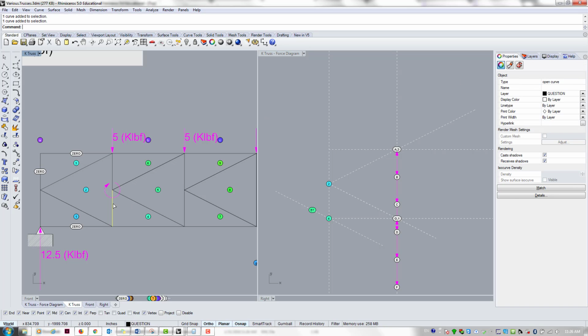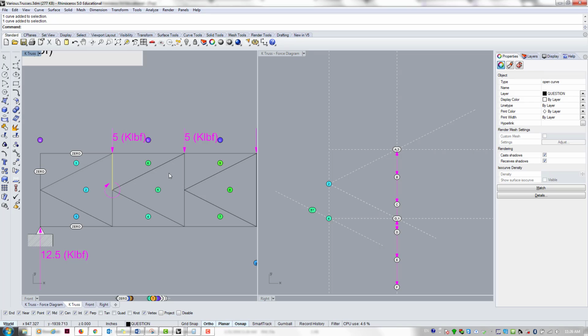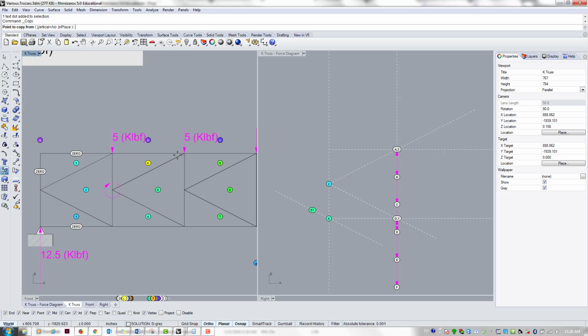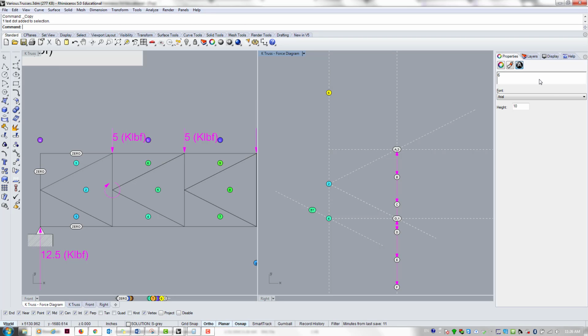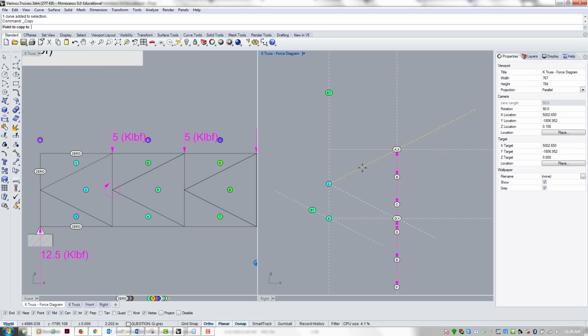That's this one. This one is 4-2. We already have that. That's 2-6. So that means 6 is somewhere along this line. That's 6-5. 5 we don't know, so it's gonna be anchored to a point where we don't know yet.